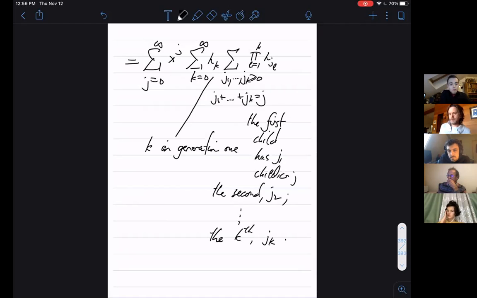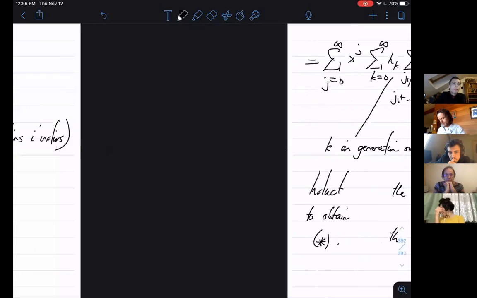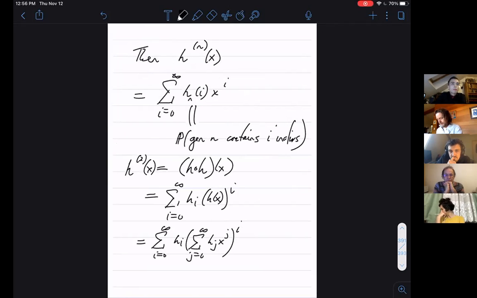So you see, by imposing the constraint that those grandchildren numbers add up to j, that's the population size at the second generation. And so that's the various different disjoint routes you can have to obtaining j children in generation 2. Then you can induct that to obtain what I said, which I didn't label, but I'm referring to this statement.